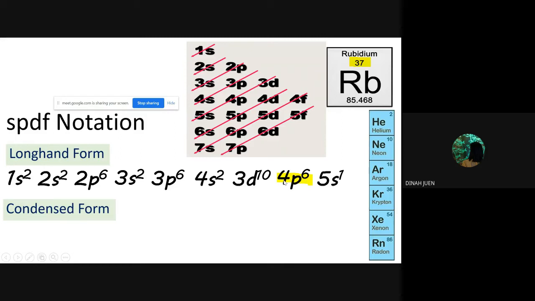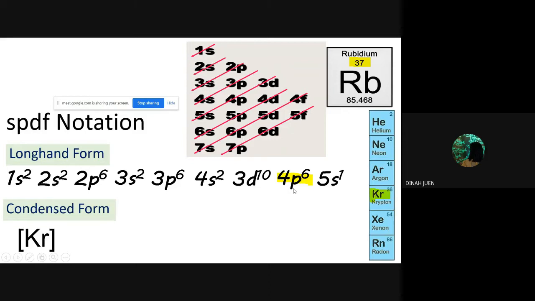This one represents the energy level, and it also represents the period. If you count the period in the periodic table, we start here, period 1, period 2, 3, and 4. So we will be using krypton as the isoelectronic of rubidium in its condensed form. We will write krypton here. Krypton represents 1s2 up to 4p6.